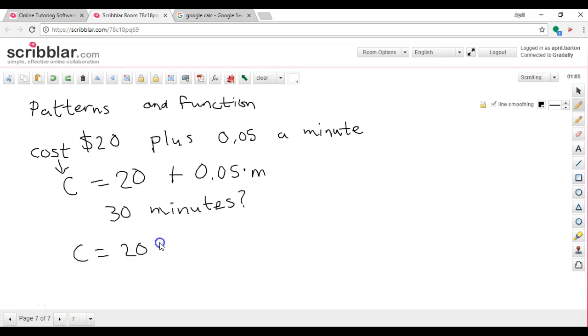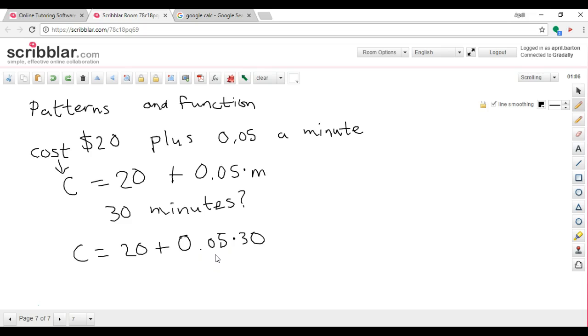Well, all we do is substitute in. This is one of the reasons we learn order of operations in the first place. You substitute in for m the 30, and we know, according to order of operations, you multiply before you add.